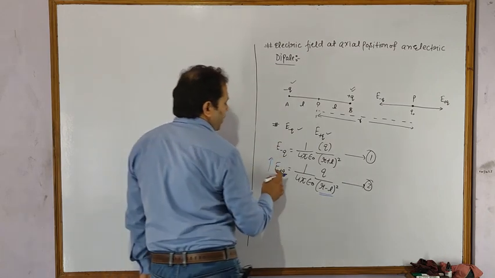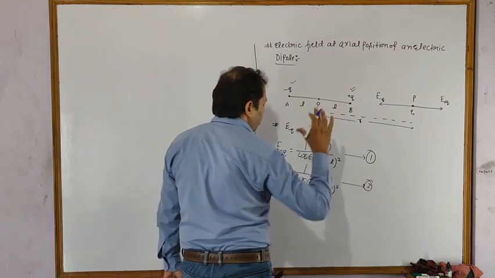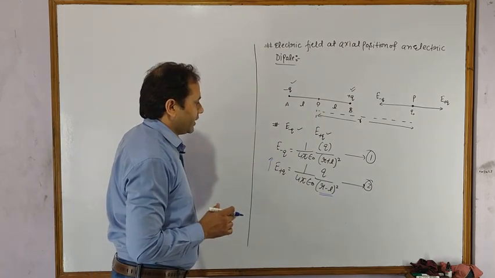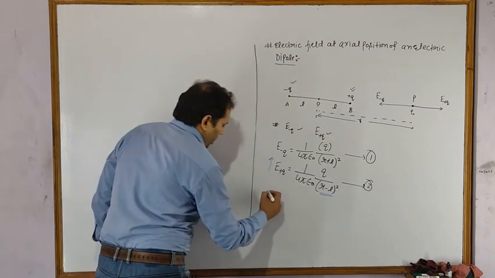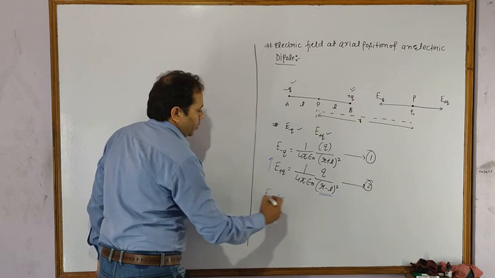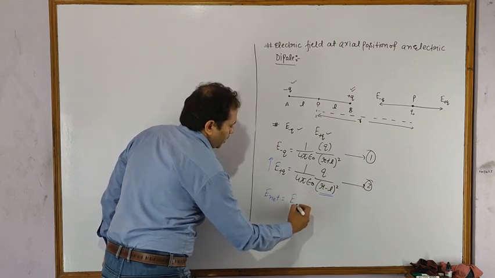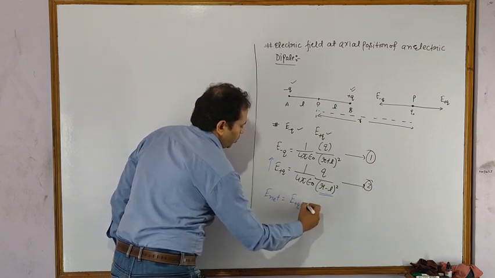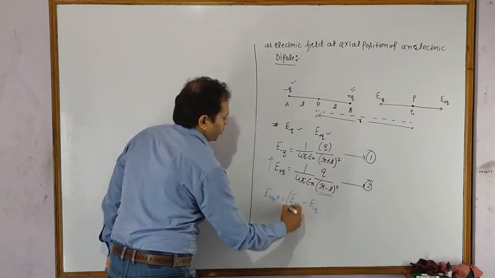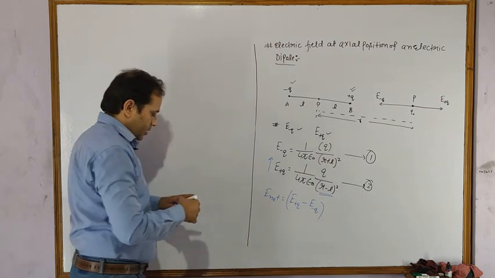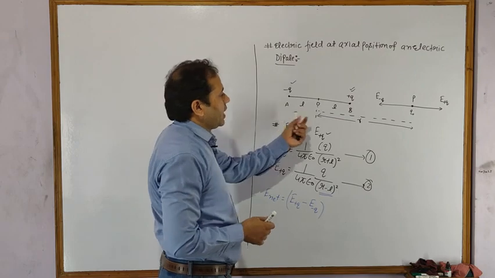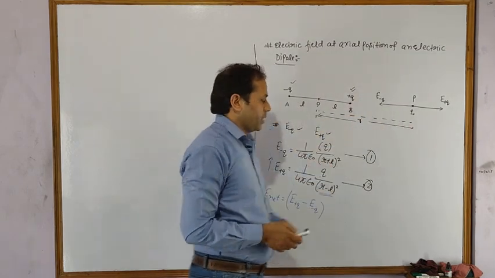So the electric field due to equation number 2 will be greater than that of equation number 1. So the net electric field can be written as E net equals E plus Q minus the electric field due to the minus charge. Just subtract these two values and find the resultant electric field at point P.